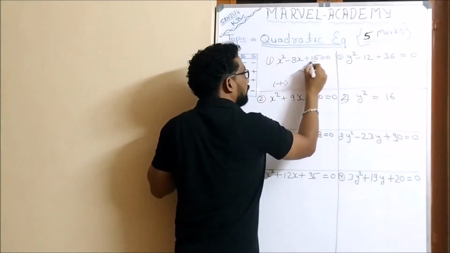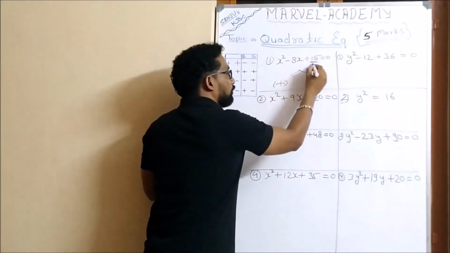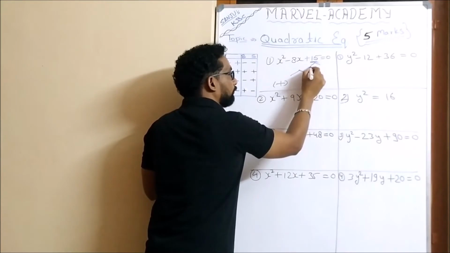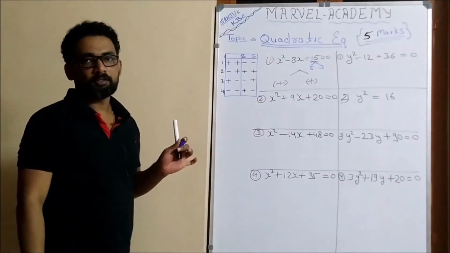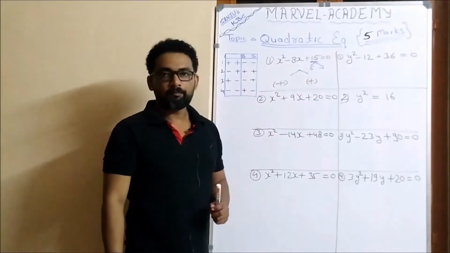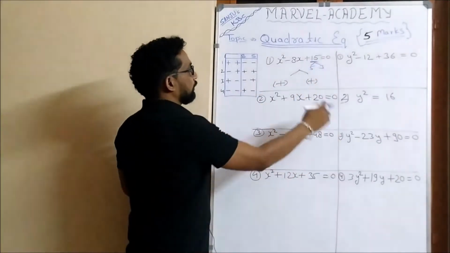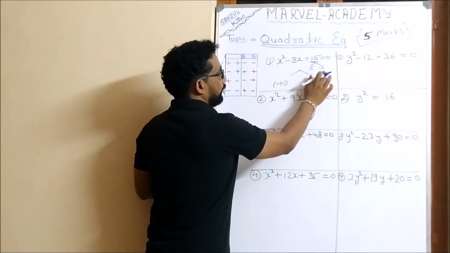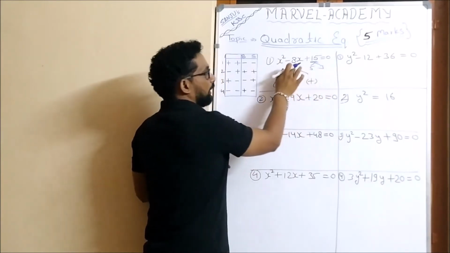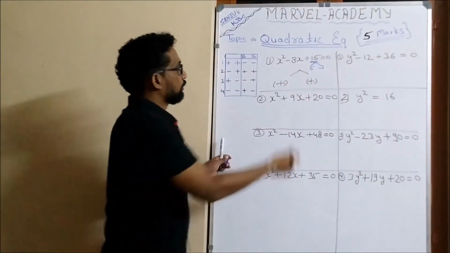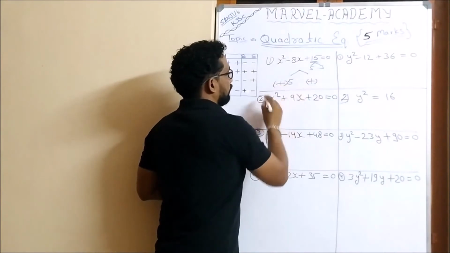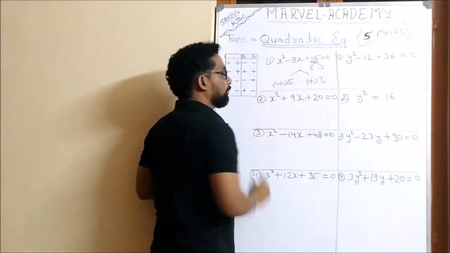Now how to get the factor values? If I factorize 15, I will get 5 and 3, that is 5 into 3 is 15. And if I add these two values, that is 5 plus 3, I get 8. So my two factors are plus 5 and plus 3.